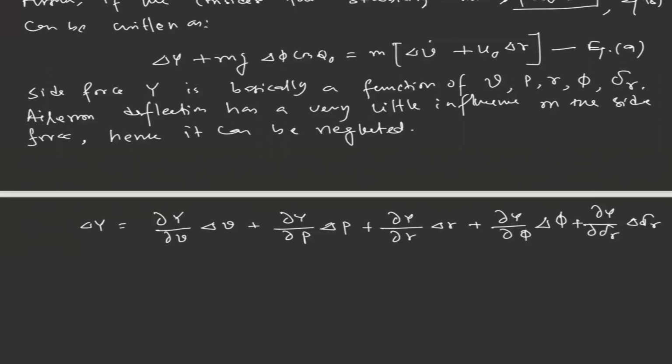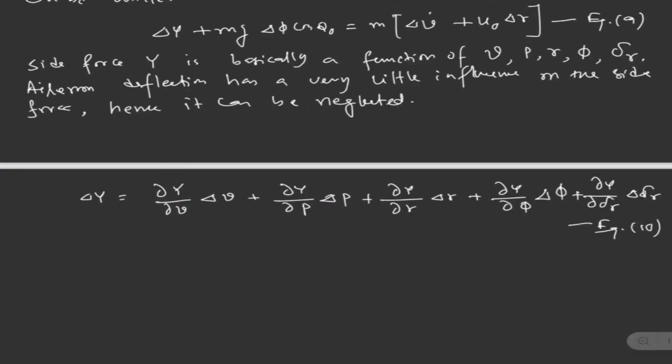So this is the total side force, part of side force generated due to the effect of different variables in this equation. And let's define this equation as equation 10.